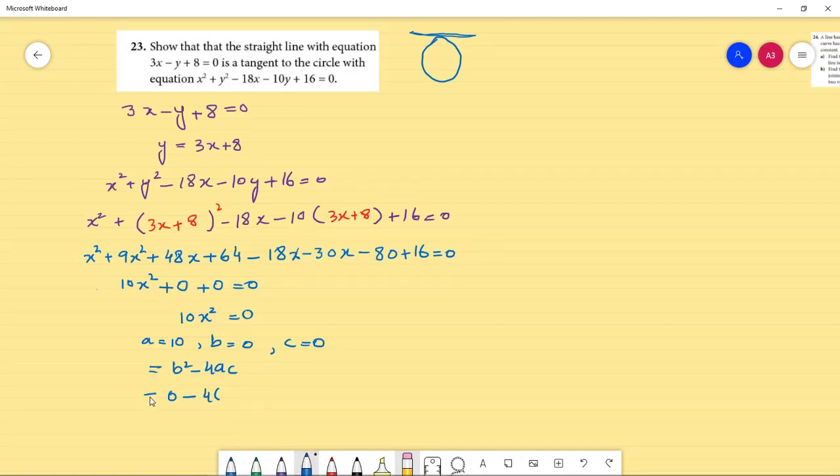So b is 0, minus 4a is 10 and c is 0. The overall answer would be 0. Hence in this way we have proved that this line is tangent to the curve.